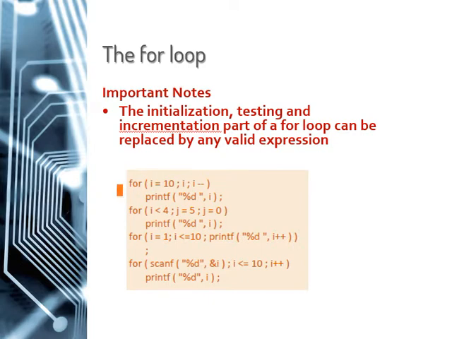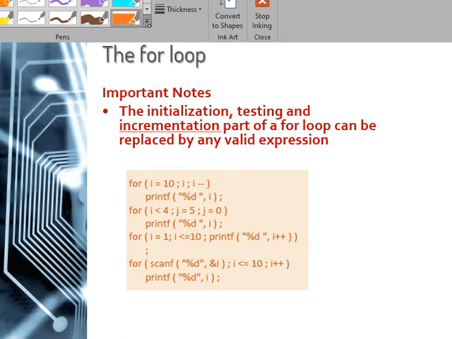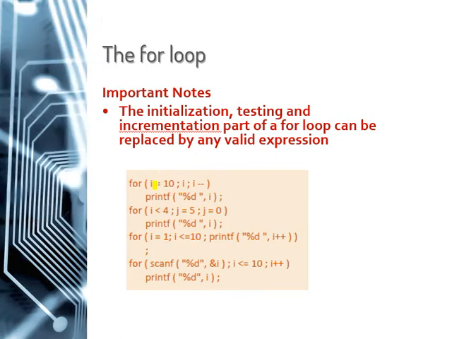No, in this example, as you can see, kung atong tan-awon, ang una niya is initialization. Ilisan ko color ha, para maklaro. Una niya is initialization, di ba? Then, instead of testing, wala ra iyang gibutang diha.